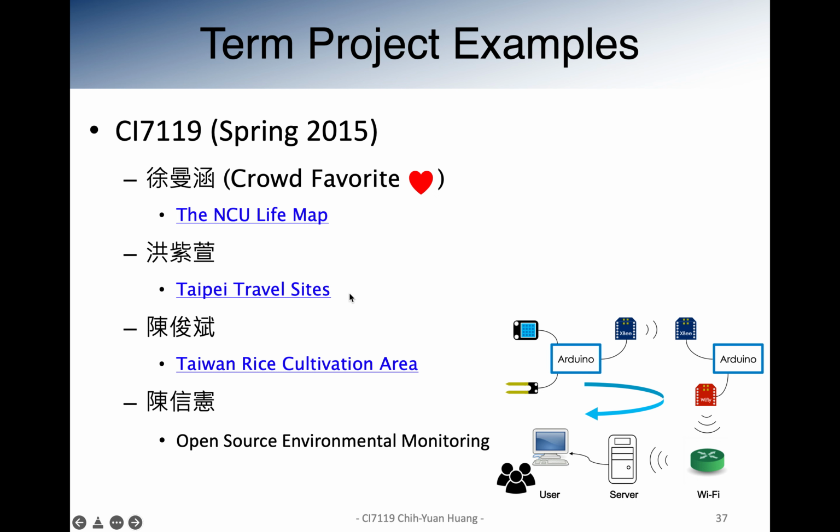What she did is create a map, and every time the user opens this map, the client will dynamically retrieve from the Taipei city open data for the travel sites, parse the information, and show it on the map in different layers.